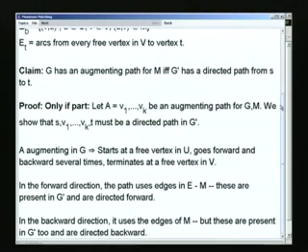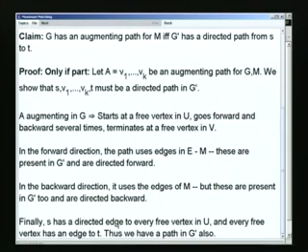So, what have we proved then? We have proved that this portion, which is an augmenting path, is also present in G prime and it has proper orientation. So, all that we need to argue is the S to V1 connection and the Vk to T connection. What do we know about S to V1?